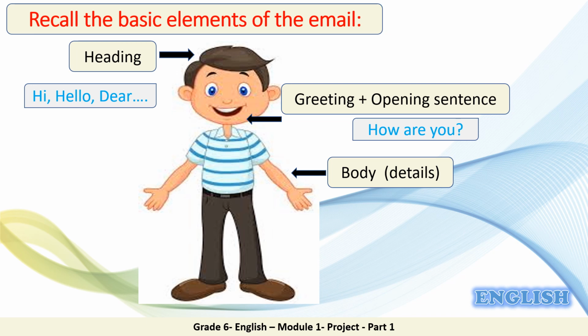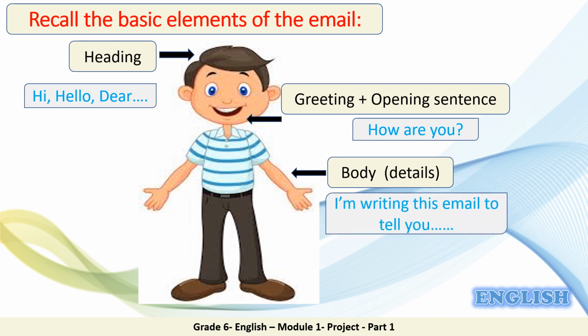All right, this is where you start with the main idea of the email and then follow that with extra details to support your idea. All right, a good way to start the body part is this sentence. I'm writing this email to tell you, and then you start with the topic.